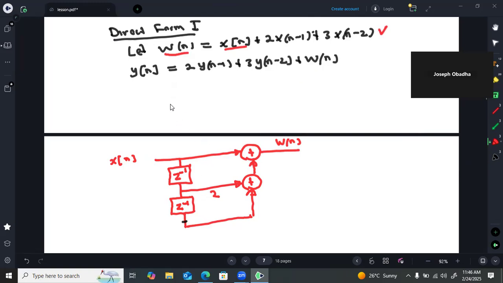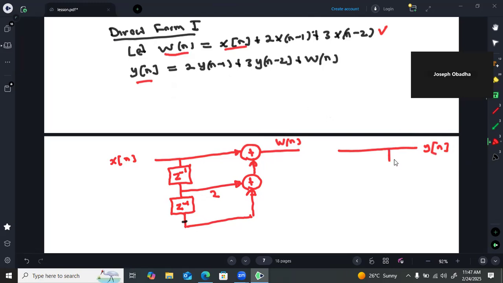Then the second part, the input is y of n. So I will have the input y of n here. Then you can see we need the delayed version of y of n, delayed by 1 unit, delayed by 2 units.